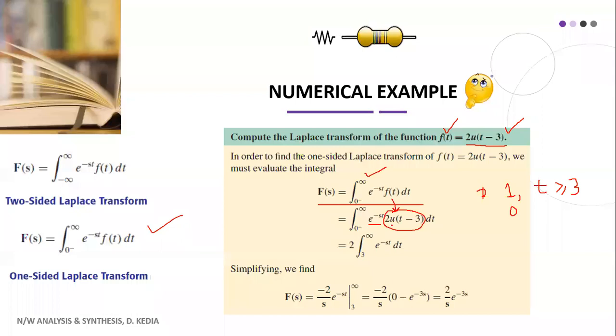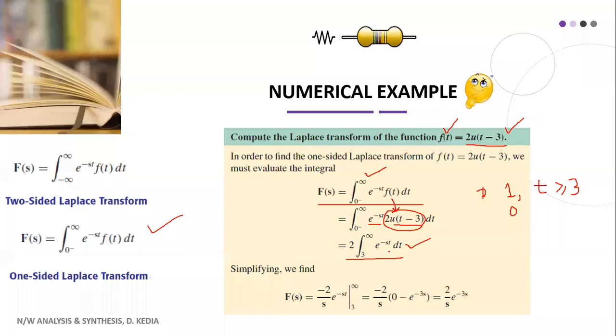That's why the lower limit of integration has been changed from 0 to 3, and the upper is infinity only, and this u(t minus 3) becomes 1. Okay, 2 comes outside, so we have 2 times integral 3 to infinity e raised to power minus st dt.